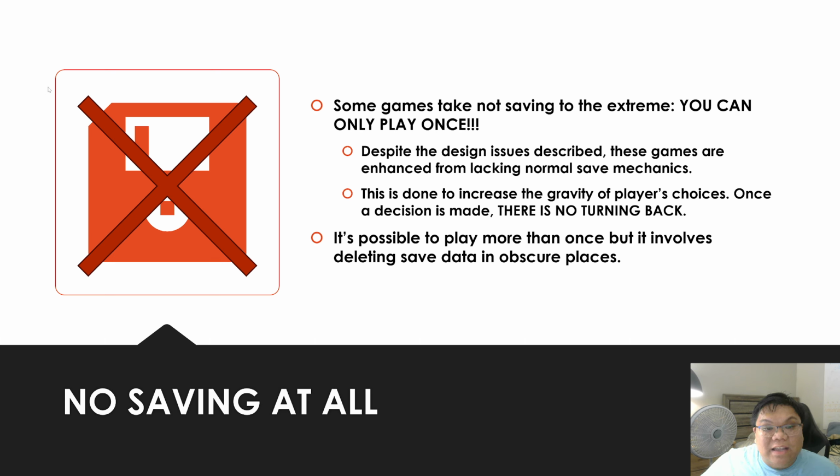Despite the design challenges described, these games are enhanced by the lack of normal save mechanics. This is done to increase the gravity of a player's choice. Once a decision is made, there is no turning back. It is possible to play such games more than once, but it involves finding where the save data lives and deleting it from there.